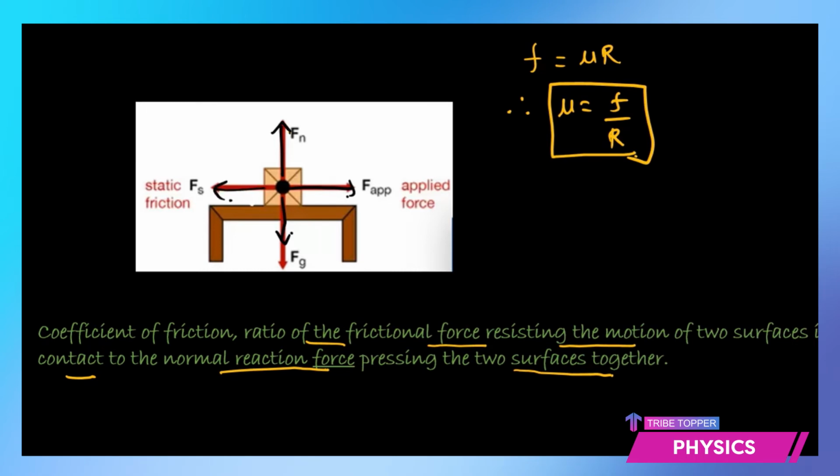But the moment your applied force, F applied, is greater than the static friction, the object will be set into motion. So the object starts moving, right? So you have to figure out whether your object is in equilibrium or not, depending on the value of these forces that are acting on it.